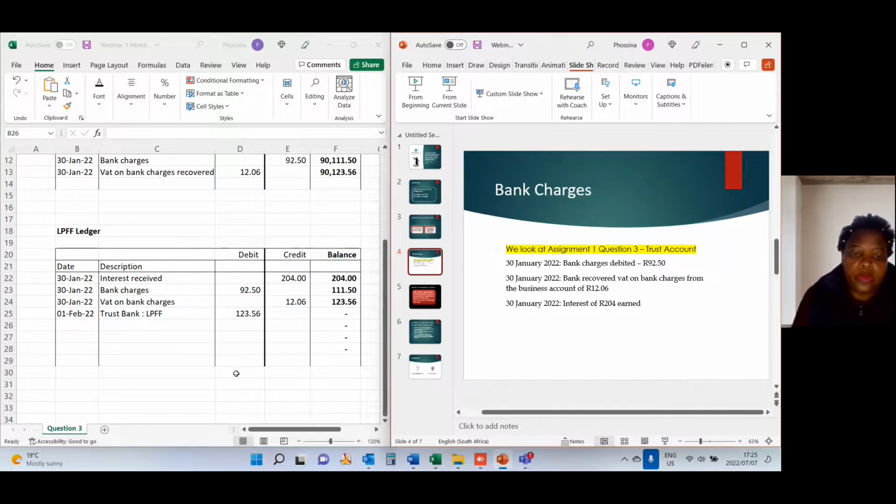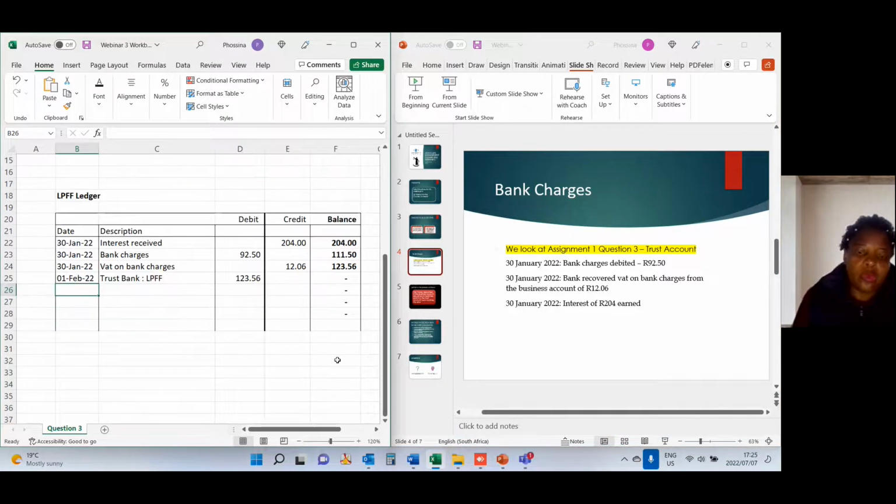Okay, so I hope you have understood that part. So you can treat it according to the way that you are instructed, or the way that transactions appear on the bank statement. The bank statement usually is the one that guides how you are going to treat the transactions.